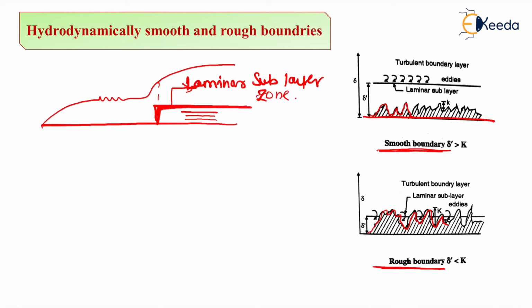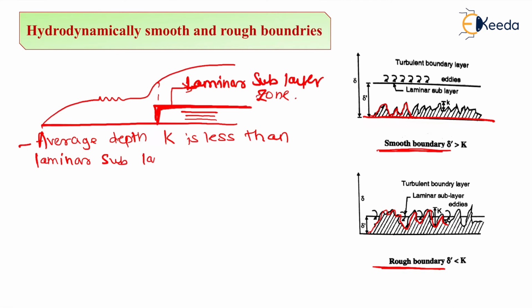So when the average depth of undulations, which I will denote with the symbol k, is less than the laminar sublayer of surface, del, then it is called hydrodynamically smooth.